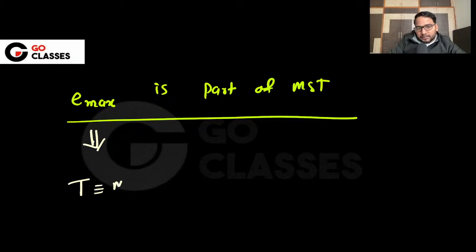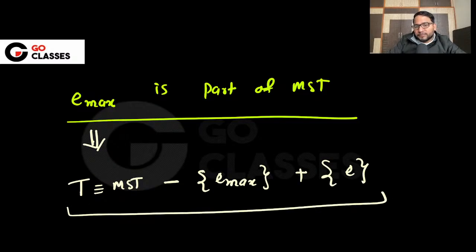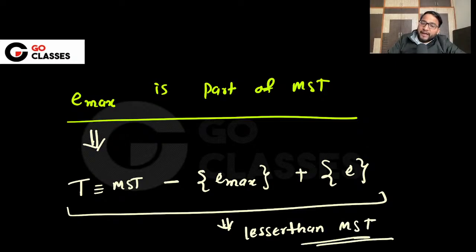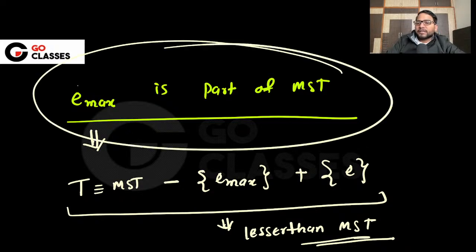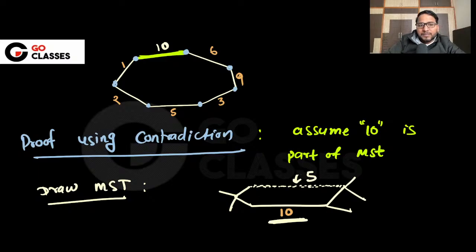Then I can remove this Emax from T and bring some other E such that this whole is basically having lesser value than MST, which is not possible, right? Hence, the first thing that we have assumed, that Emax is a part of MST, is false. So this is a proof by contradiction.